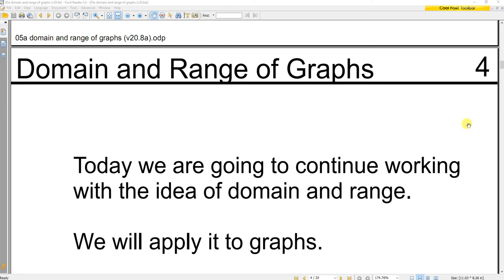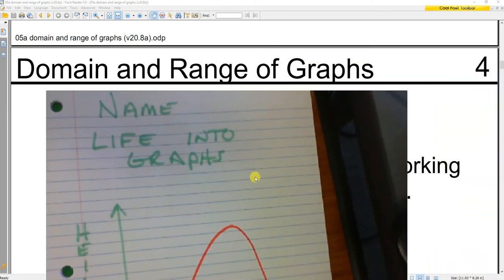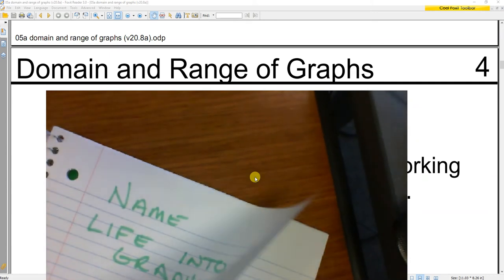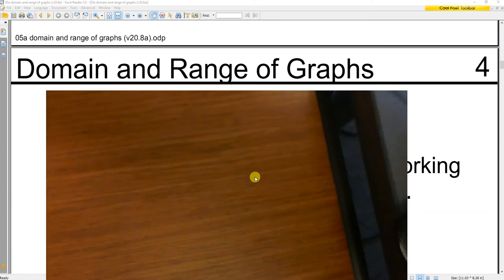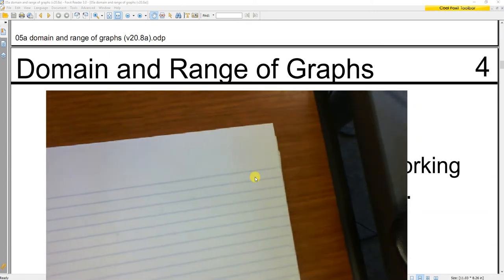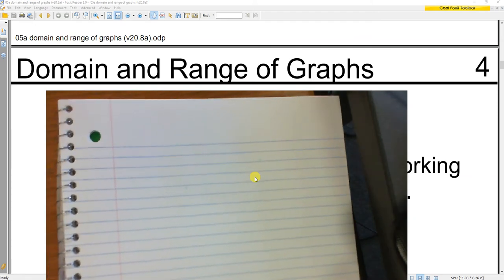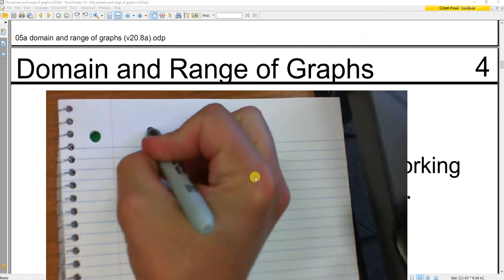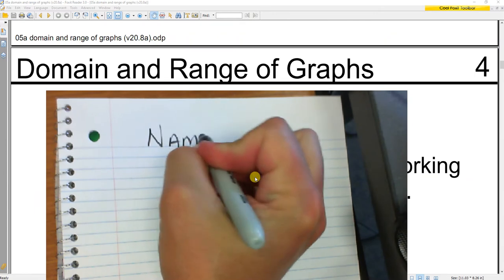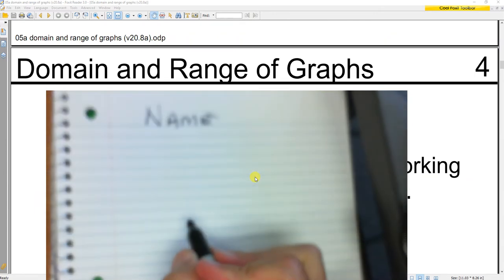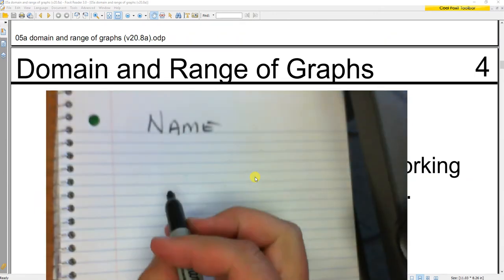Get out your notebook, and we'll start with today's topic, which is domain and range of graphs. So you're going to start with your name, which is how we normally do it, name. And today's title, which is domain and range of graphs.